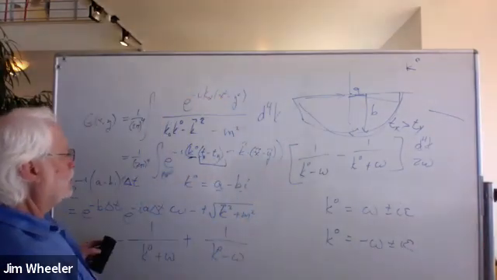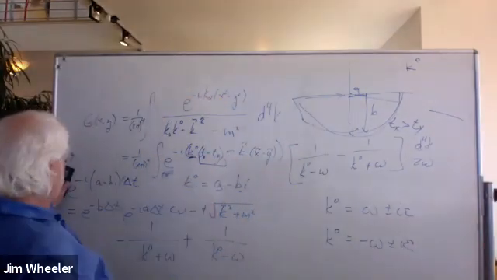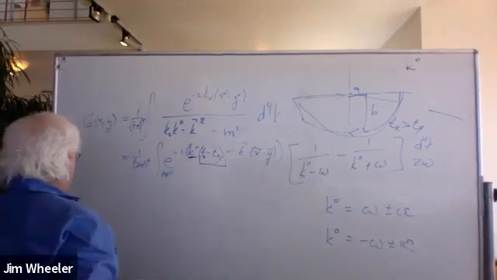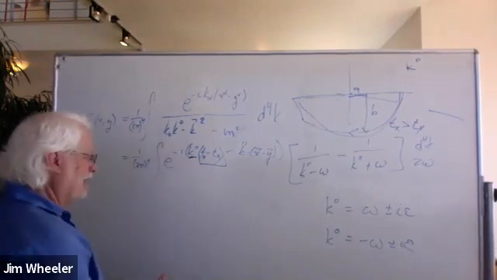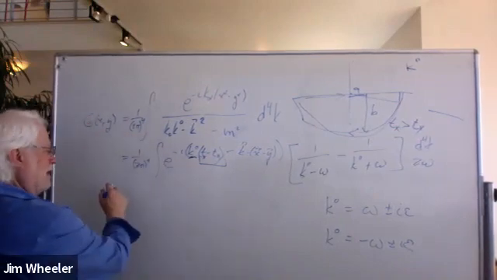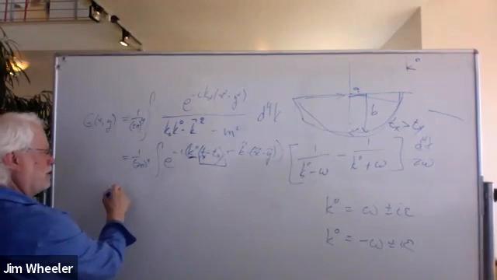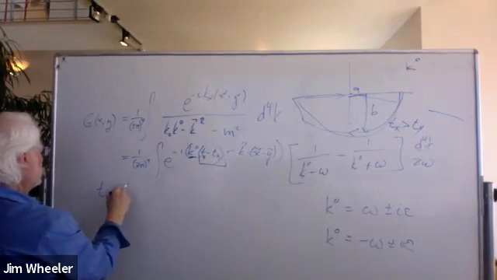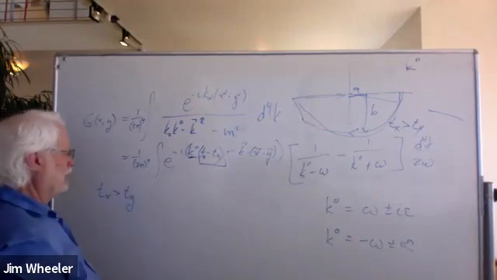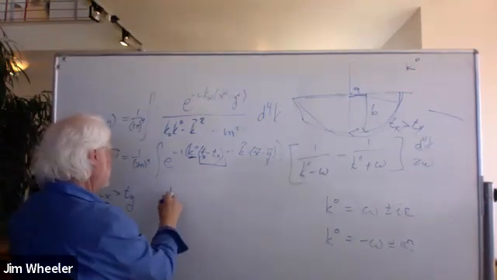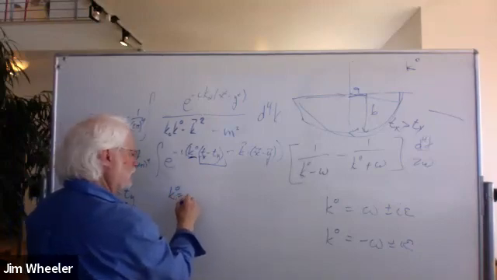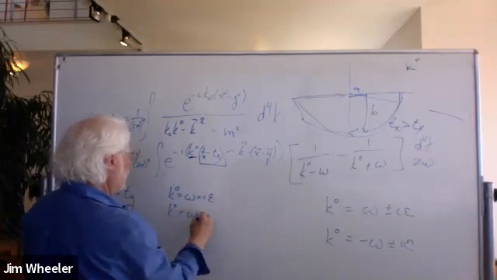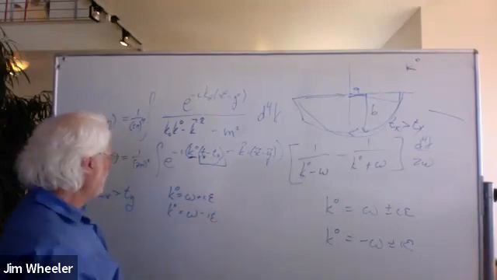All right, so yeah, we're doing that integral, and we argue that, let's see, so what did we say? So for t_x greater than t_y, we have k naught is omega plus i epsilon, k naught is omega minus i epsilon.